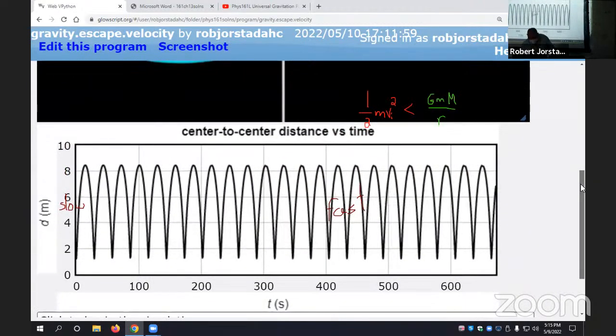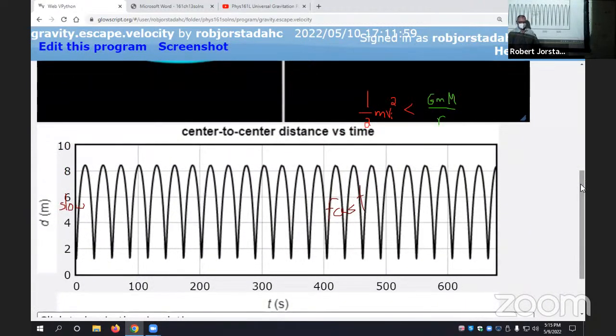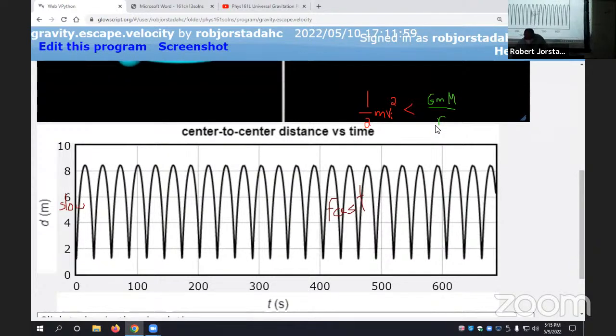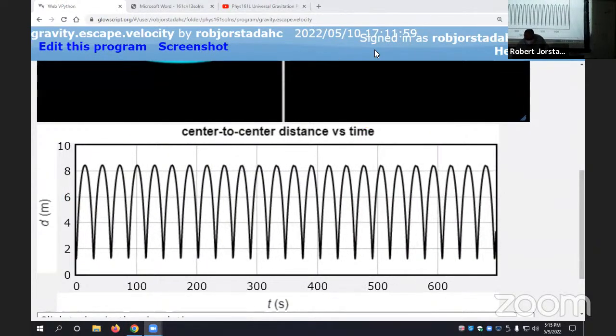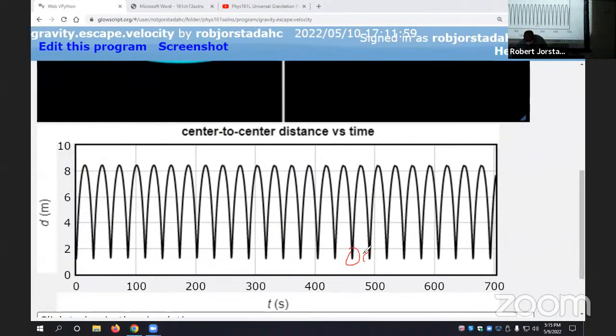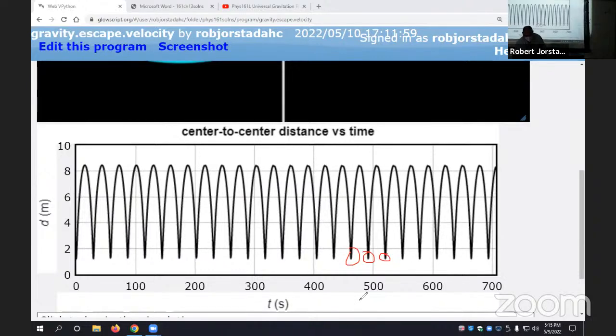Does that kind of make sense with what you expect? You spend almost no time when the distance is small. Right, so let me clear all these annotations. Hold on. Right, so these points right here are the points when it's closest.